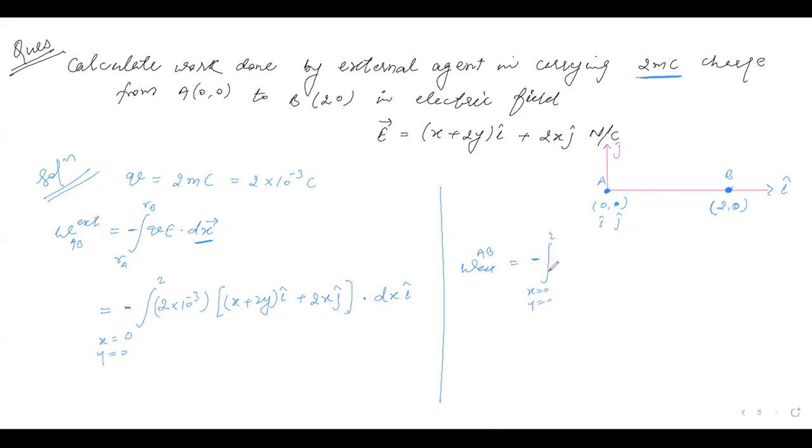This is the 2 only. 2 into 10 to the power minus 3 is constant. We can take it same as it is. And after integrating x, we get x square by 2. One second, please.